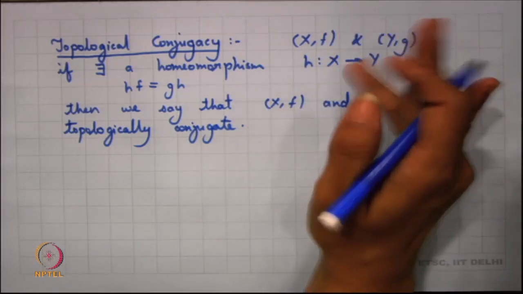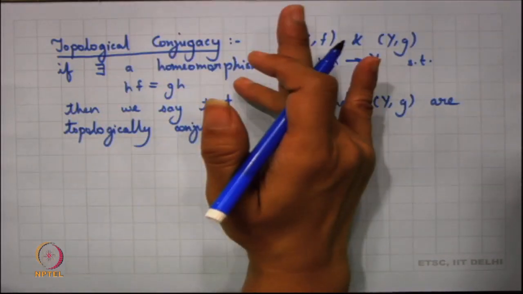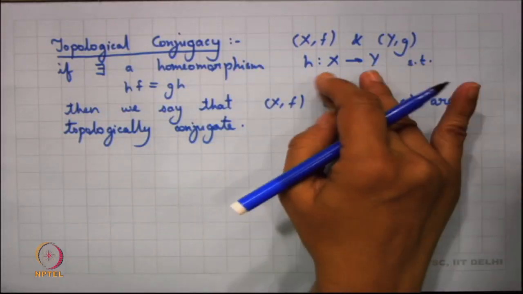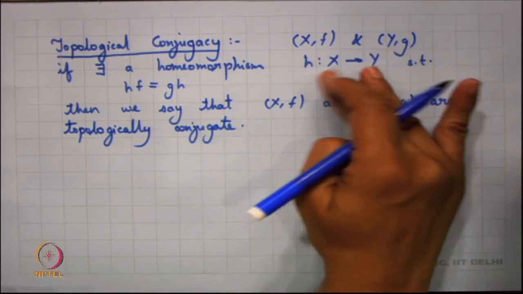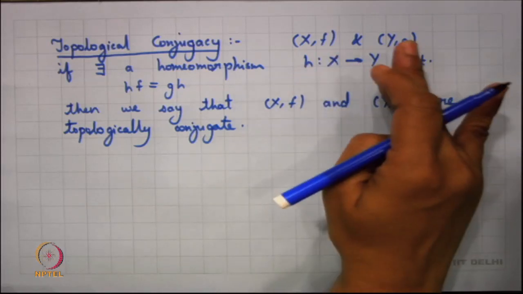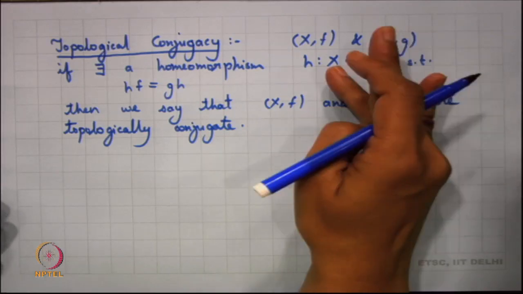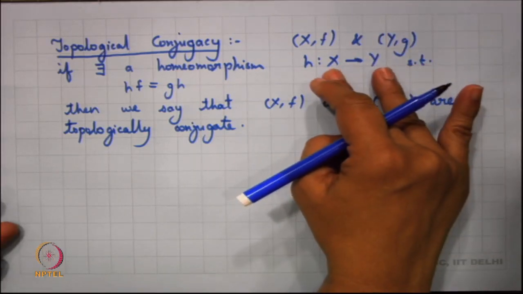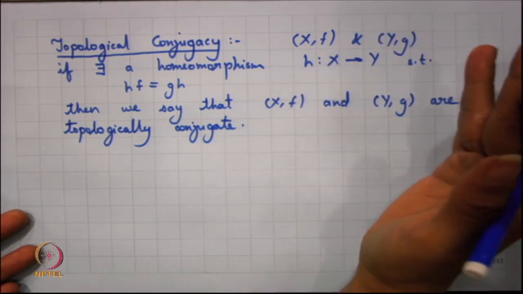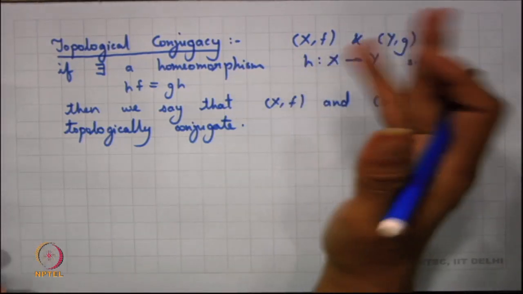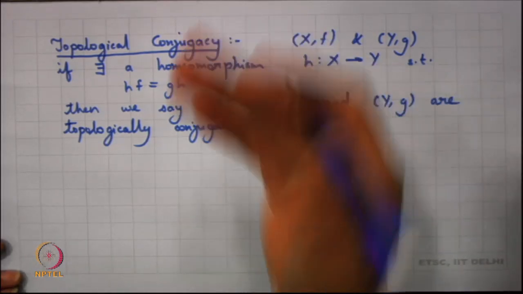Since there is a homeomorphism, each of the points here are identified with one another, so you have the same number of points. Every point here is an image of some point here, and every point here can also be considered as an image of a point here. So, not only are the points identified, their orbits are also identified. That means the dynamics of (X, f) and the dynamics of (Y, g) are the same, and that is what we are going to use over here.